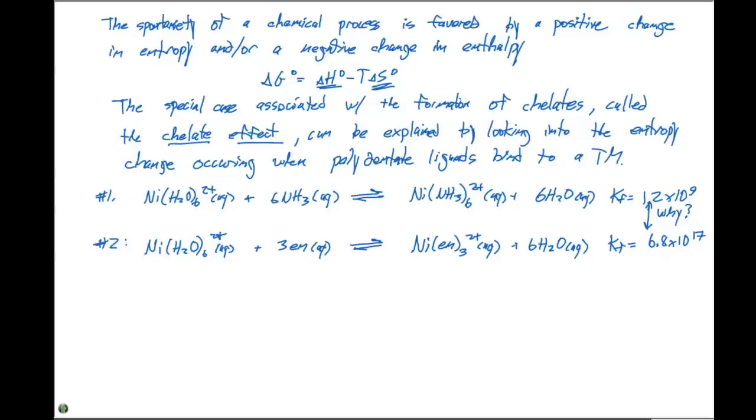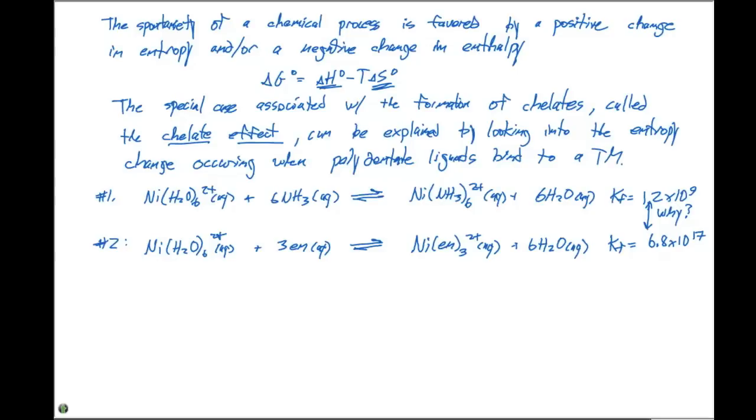So chemists looked into this and they say, okay, the equilibrium constant is related to some of these thermodynamic quantities. We know that delta G naught is equal to delta H naught minus T delta S naught.